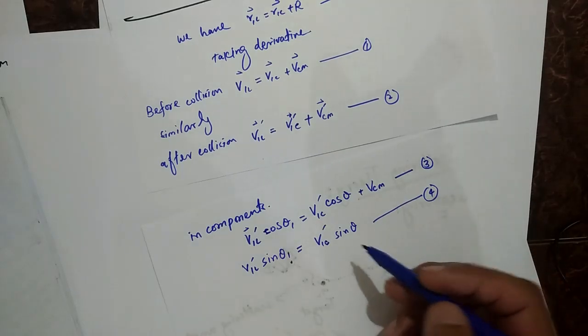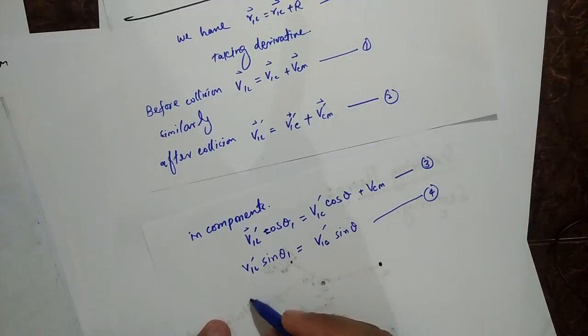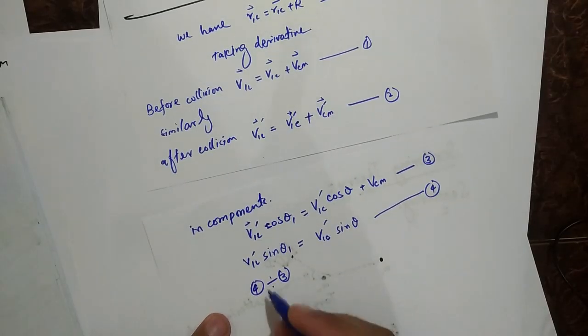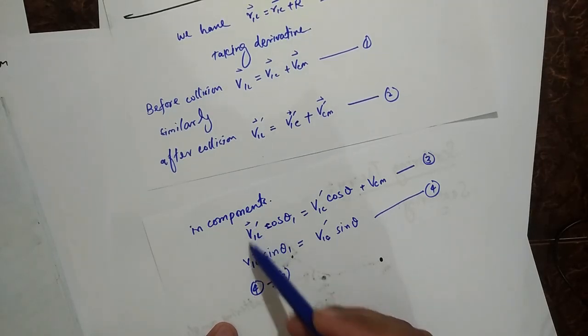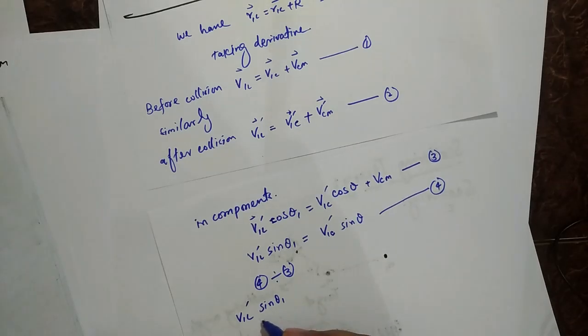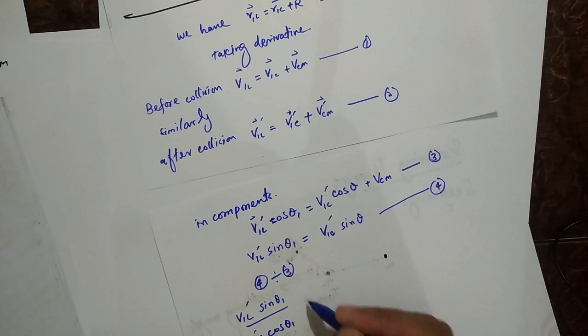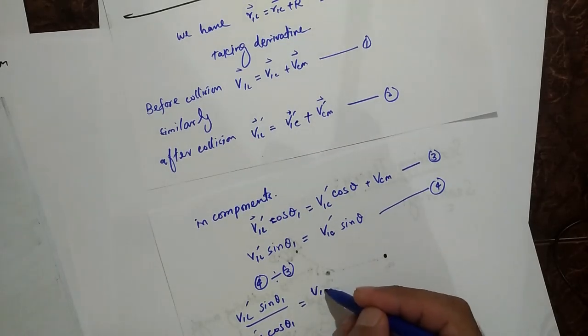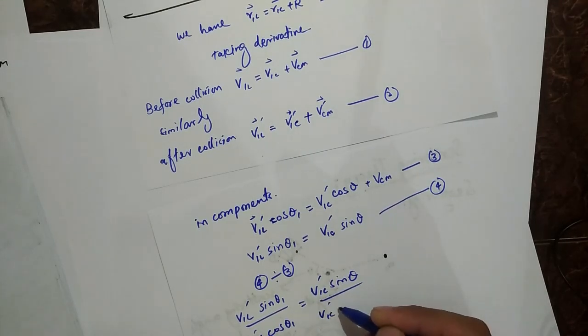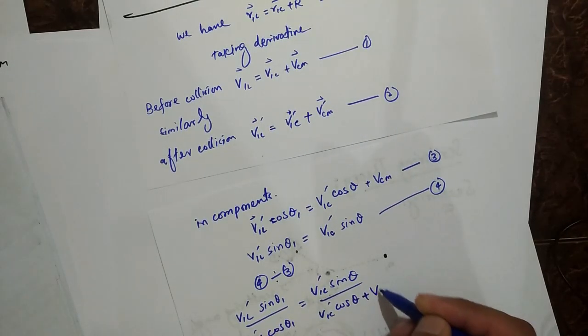Now dividing equation number 4 by 3. V1 dash L will cancel, so we get V1 dash L sine theta 1 upon V1 dash L cos theta 1, which is equal to V1 dash C sine theta upon V1 dash C cos theta plus VCM.